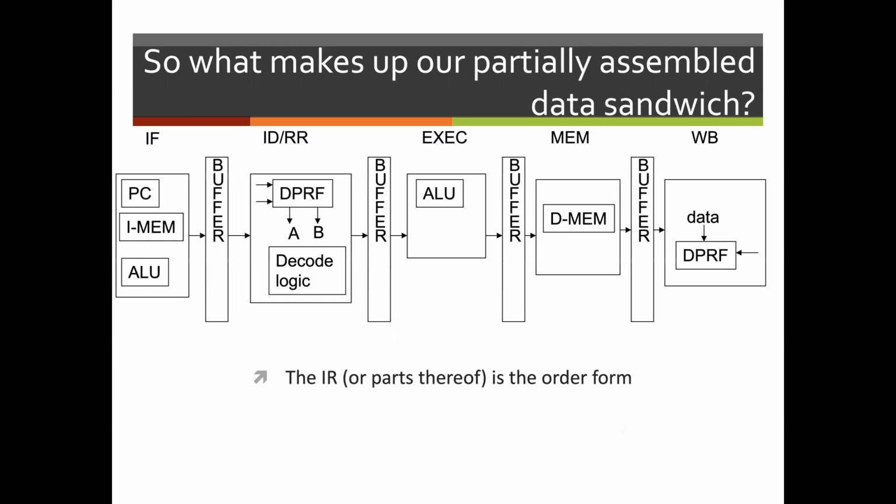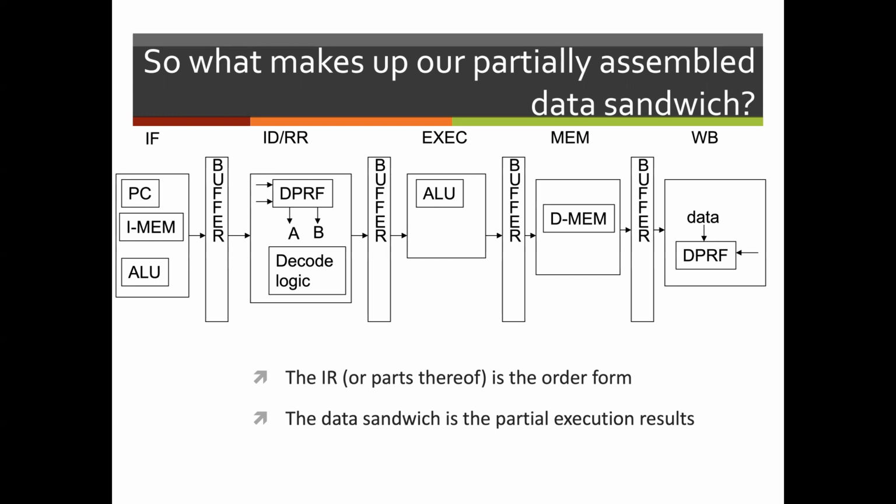So what's going to make up the partially assembled data sandwich? We have the instruction register is going to represent the order form. And then the sandwich is the partial execution of the results.